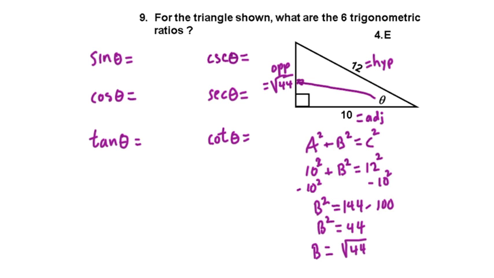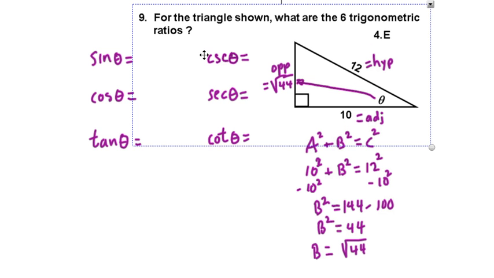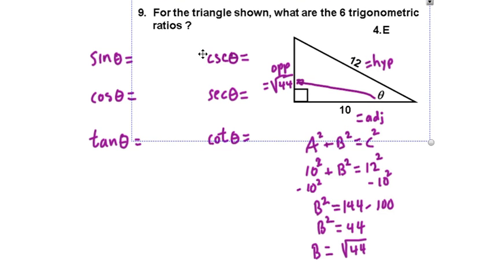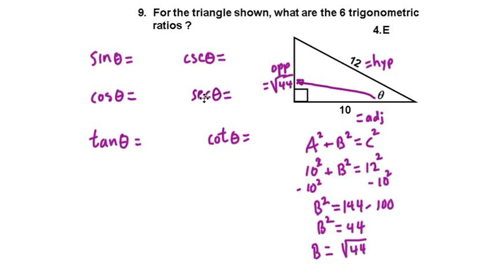I'm going to move these things over a little bit to leave ourselves a little room. Okay, so our sine is going to be equal to our opposite, which is square root of 44, over our hypotenuse, which is 12.